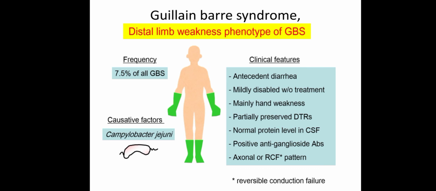Clinical aspects or signs and symptoms: antecedent diarrhea, mildly disabled with treatment, mainly hand weakness, partially preserved DTRs, normal protein level in cerebrospinal fluid, positive anti-ganglioside, axonal pattern.